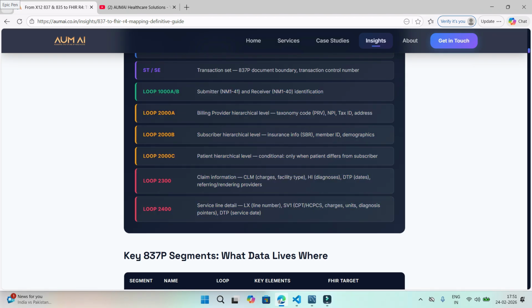So each loop and the segments in each loop contain specific information. Like if you see, loop 2000A contains information about the billing provider, their NPI, their taxonomy. Loop 2000B has information about the subscriber, the insurance information.